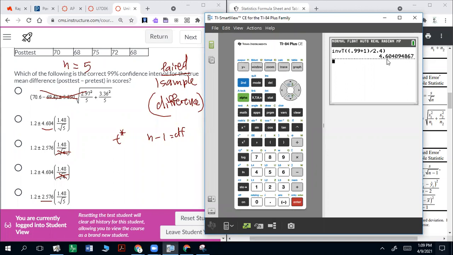And there's your T critical value, 4.6. So it is going to be this one here, not that one or that one.